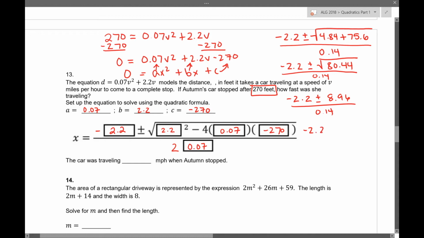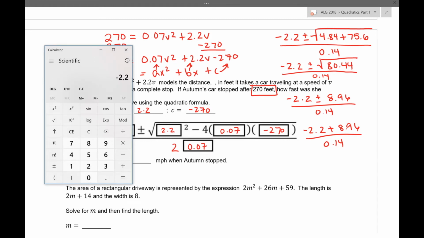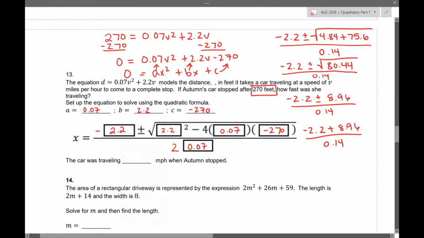Negative 2.2 plus 8.96 gives you 6.76. Now I'm going to divide that number by 0.14, and that answer is 48. Let's just round it to 48.3.